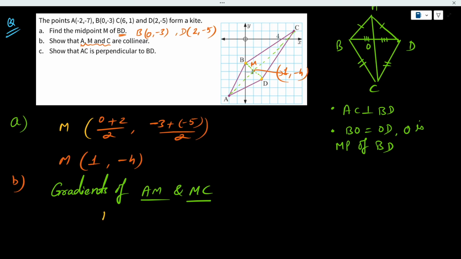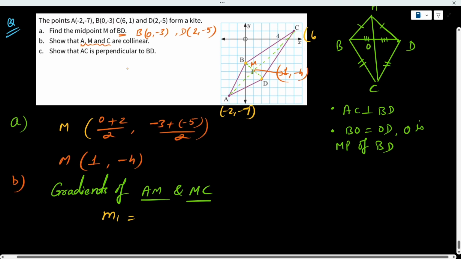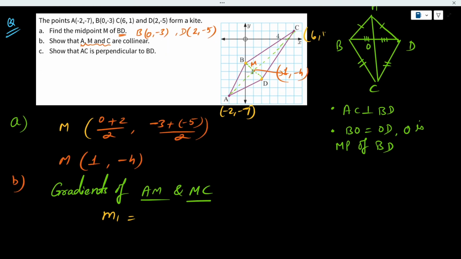If I take it as m1, that is going to be here. What can we take? A and M. A coordinates are (-2, -7), and M coordinates are (1, -4). You can write it down so it's easy to read.